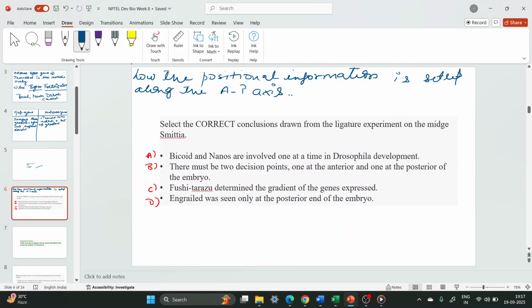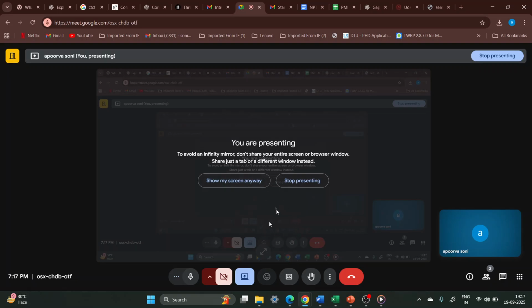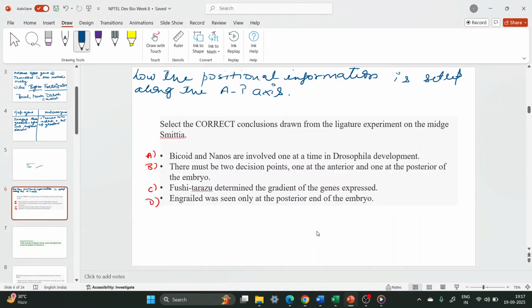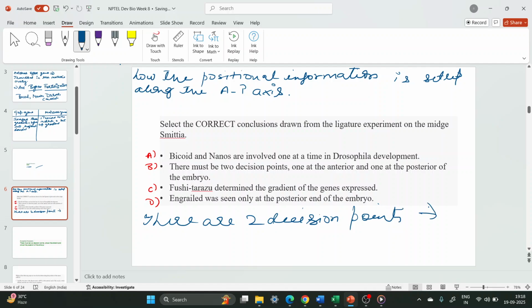The important point here is that there are two decision points, one at the anterior and one at the posterior.